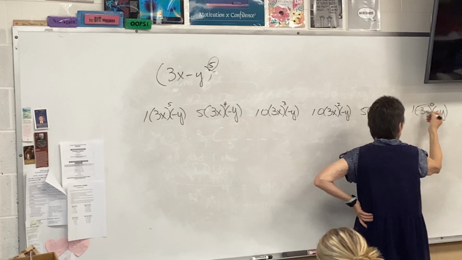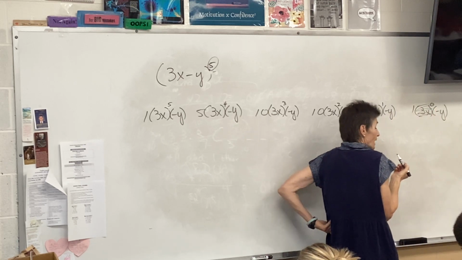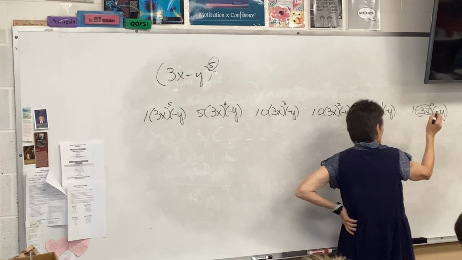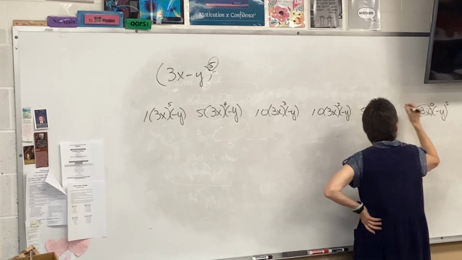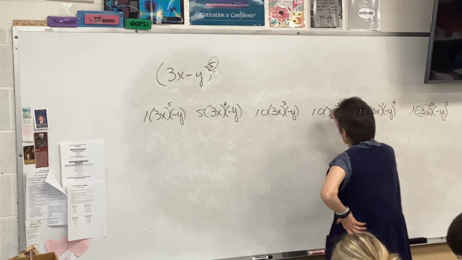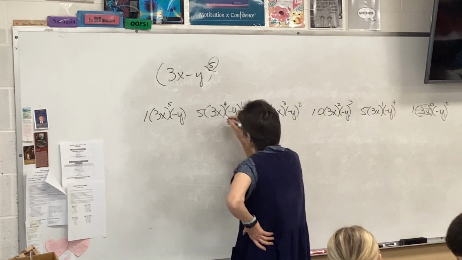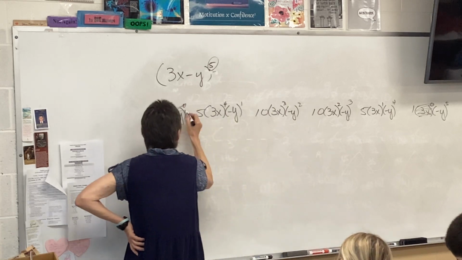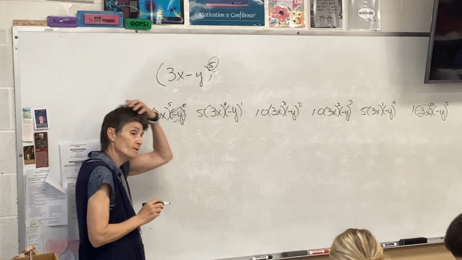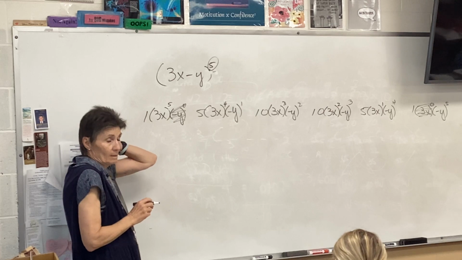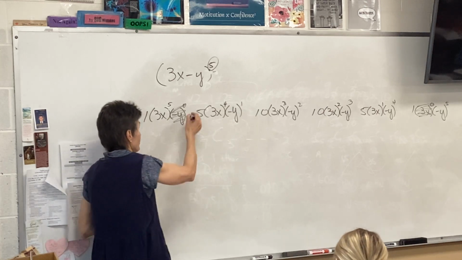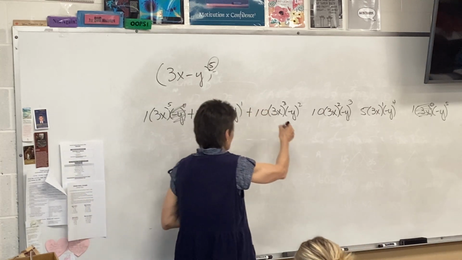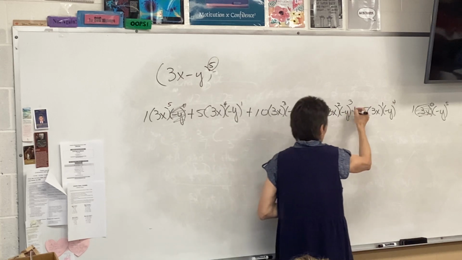Anything to the 0 is 1, so I'm just gonna mark that out right now. And then what about the y's? Same thing, other direction. And there's another 0, so we'll cross that one out. And then to keep it all straight, I'll put plus signs between everything.